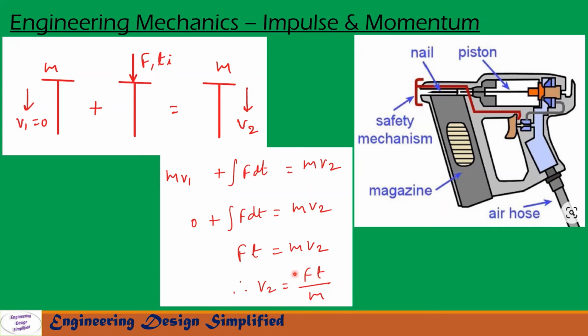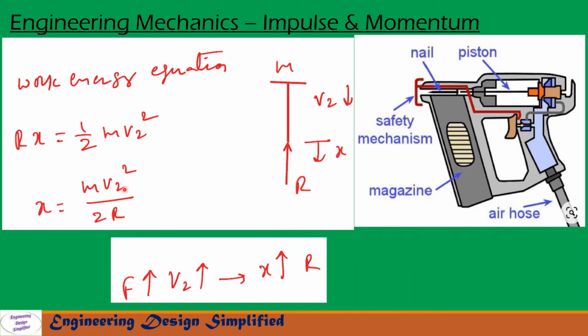F is the force on the nail, t is the time duration and m is the mass of the nail. Now let us see the depth of penetration, that is x. Using the work energy equation, the work done against the penetration can be written as R into x. Here R is the average resistance by the wooden block and x is the depth of penetration.